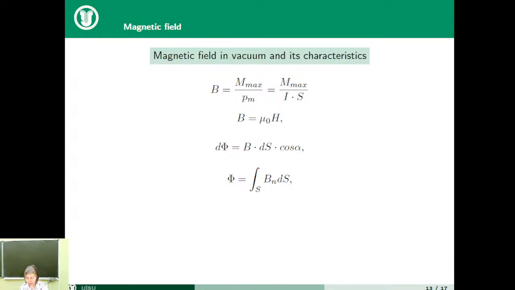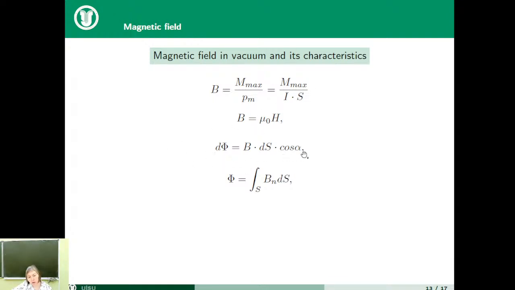The unit of magnetic field intensity in the SI system is ampere per meter. Vector flux of magnetic induction, or magnetic flux, is dΦ.